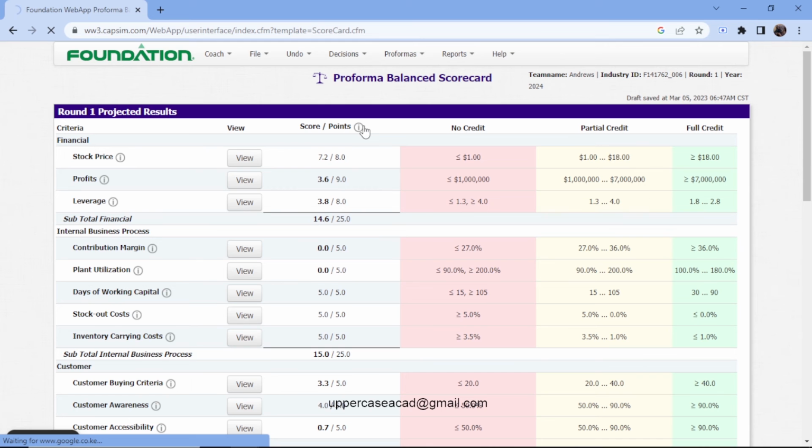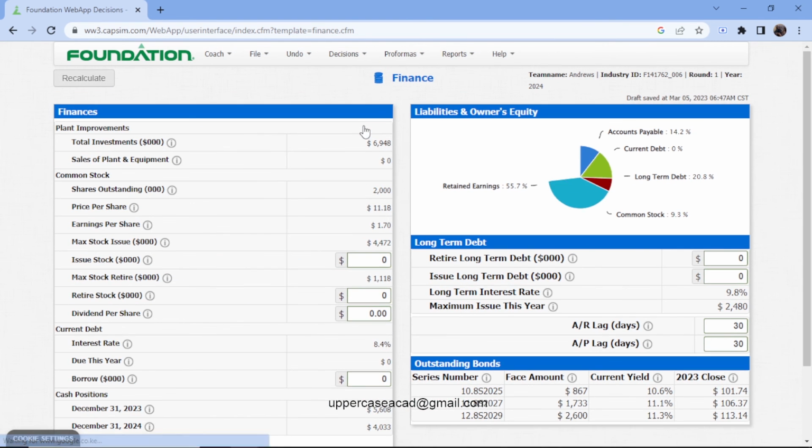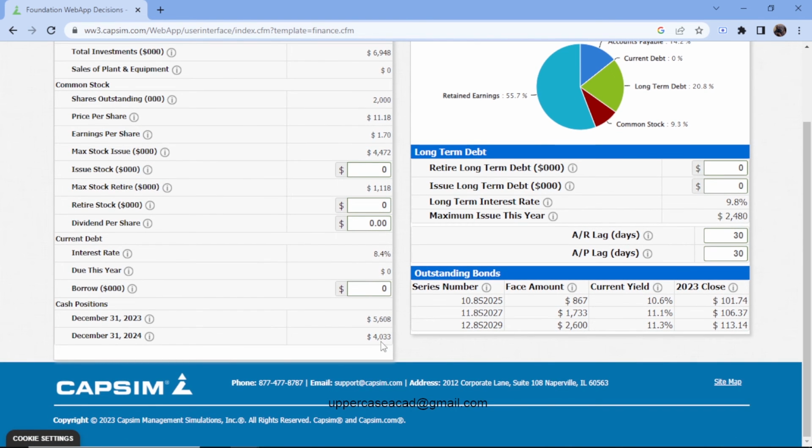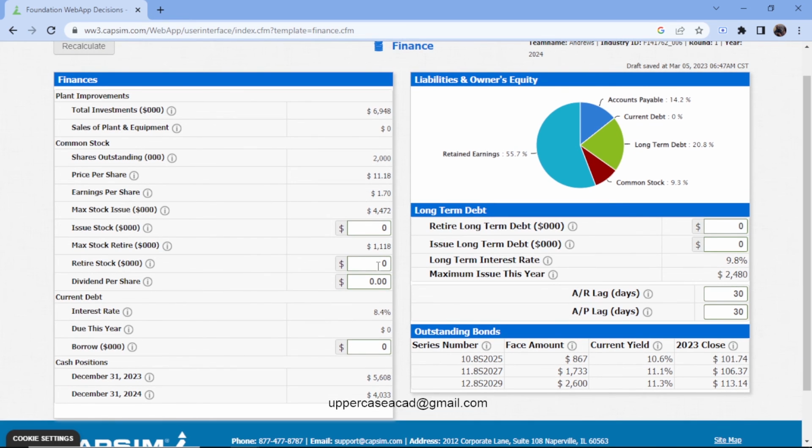Under finance, you see that my cash position at the end of the year is 4,000. Because I feel I might need enough capital, I'll issue 2,000 in bonds, because I want to increase my company, so I have to finance it.